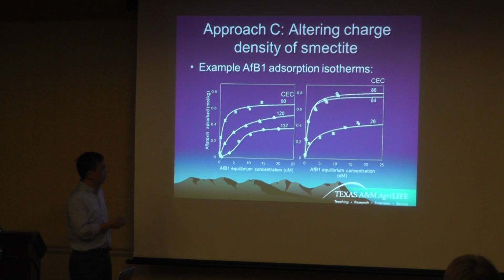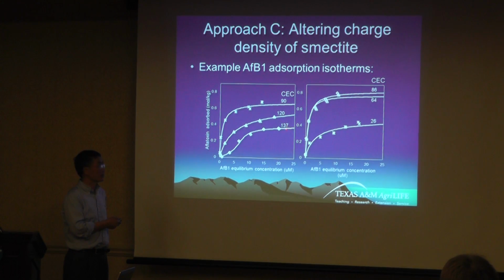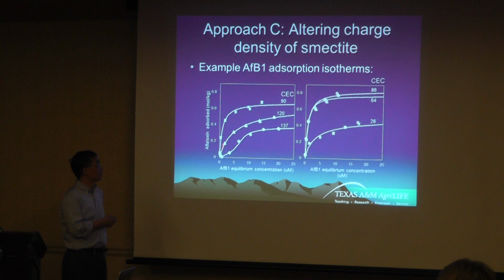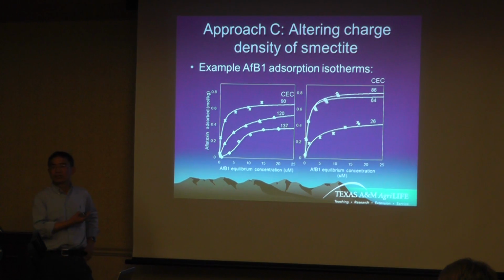So what did we find? Here is the starting clay, with a cation exchange capacity, or CEC, of 137. That's a low adsorption initial slope. But when we reduce the CEC to about 90, we reach the highest adsorption capacity and selectivity here. But if we further reduce the CEC, it goes down again.